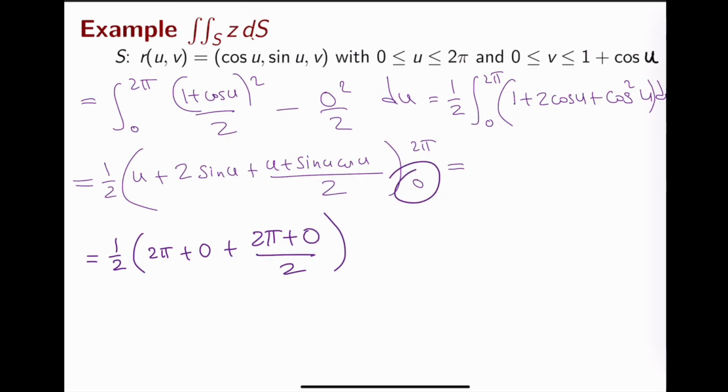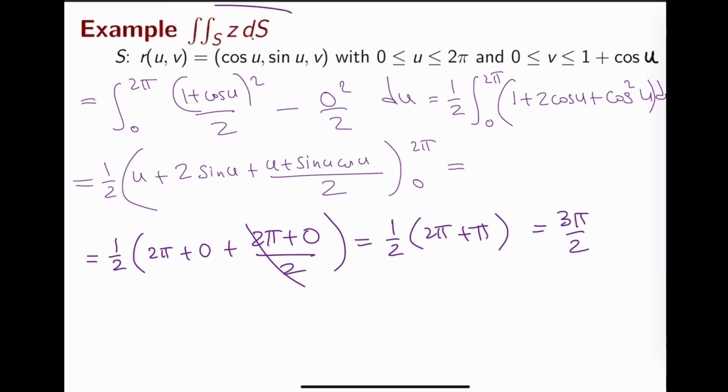And when we subtract, everything evaluated at 0 will be 0, so this is the final result. So this is 1/2 times, here is plus pi, so the final answer is 3 pi over 2. So the surface integral of this function is equal to 3 pi over 2.